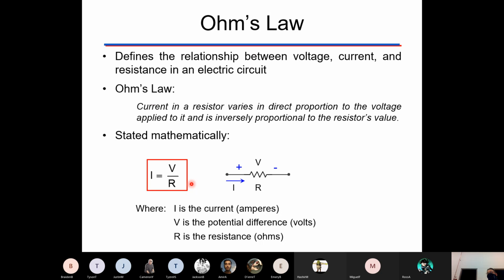For Ohm's law, we just write that whole thing down. We've already written down Ohm's law information, so first I would make sure that the top definition is in your notes. And then make sure that you have the equation.